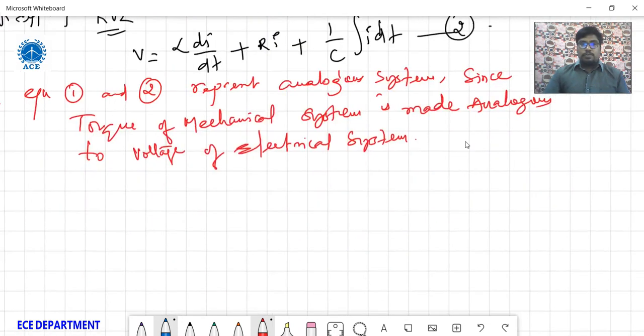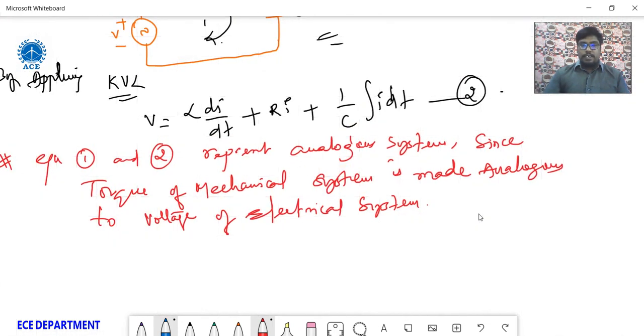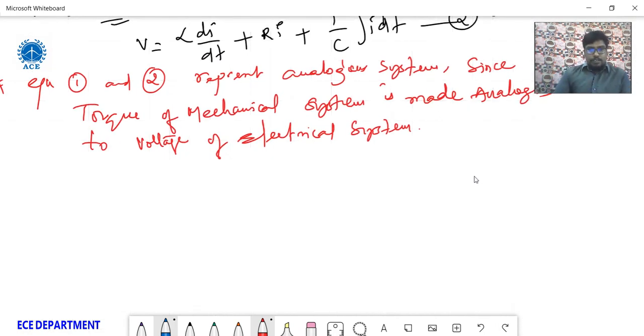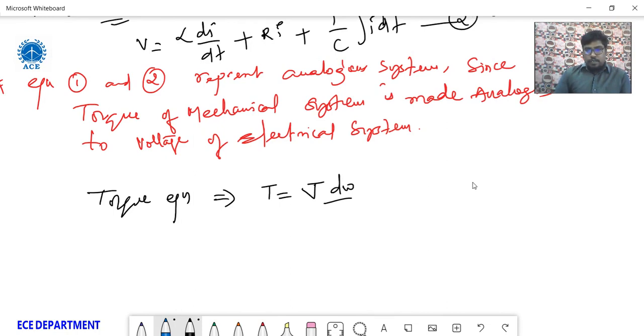Let us write the equations side by side. I will rewrite them. This is the torque equation: T is equal to J d by dt of angular velocity omega. This is equation 1, written at the top.